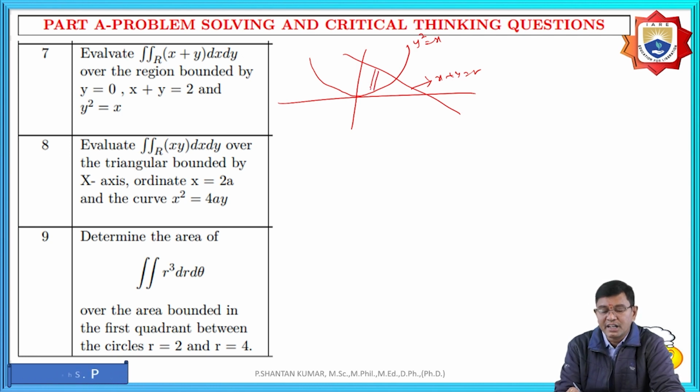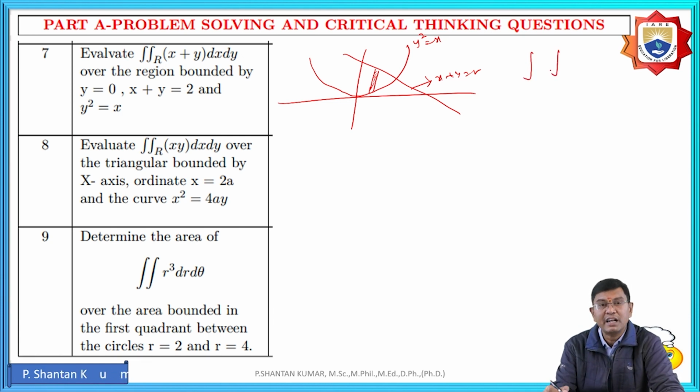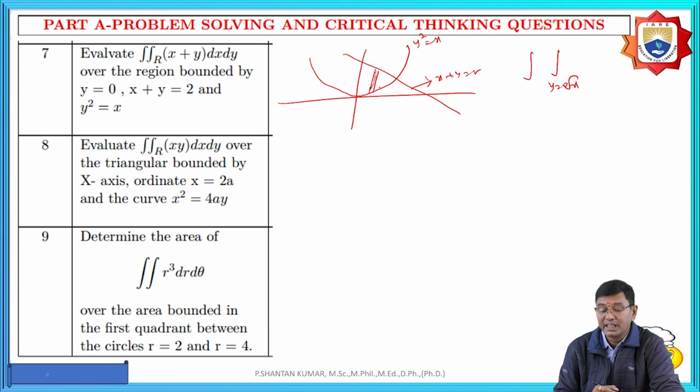Therefore we take the strip parallel to the y-axis. The lower limit is y equal to root x, because the lower strip is based on y square equal to x, and the upper limit is y equal to 2 minus x, with x going from 0 to something.